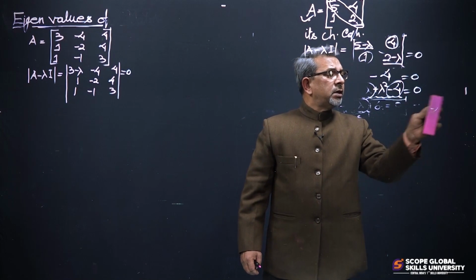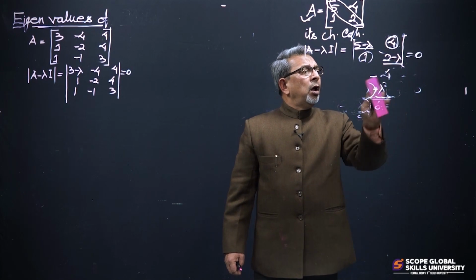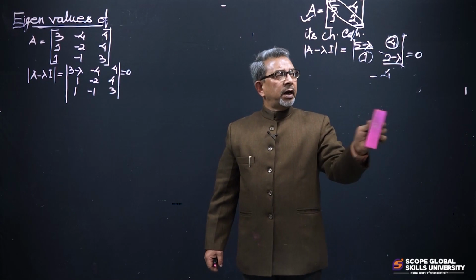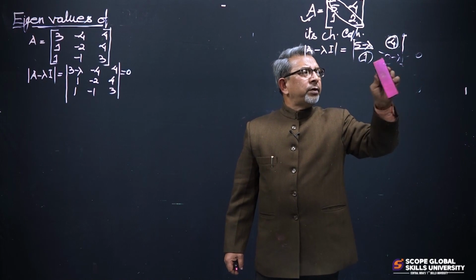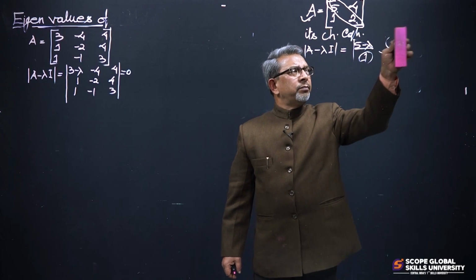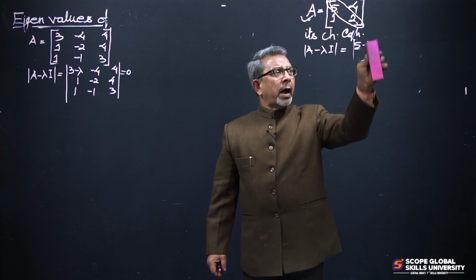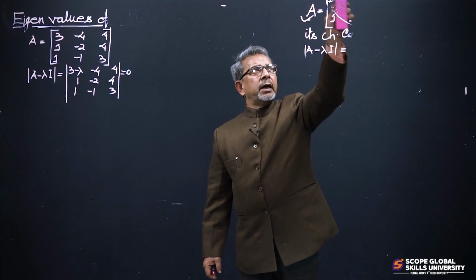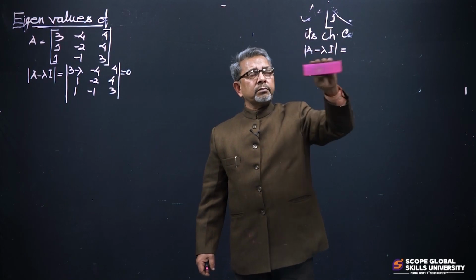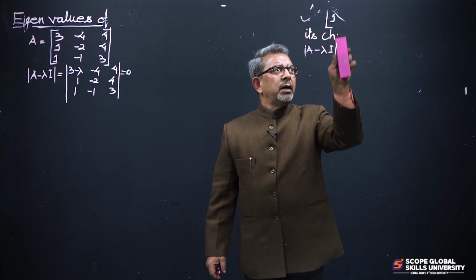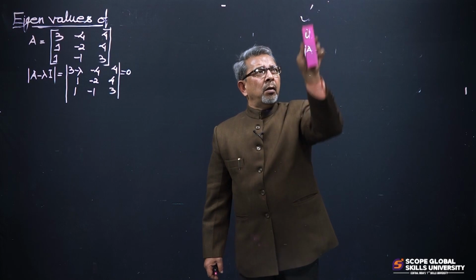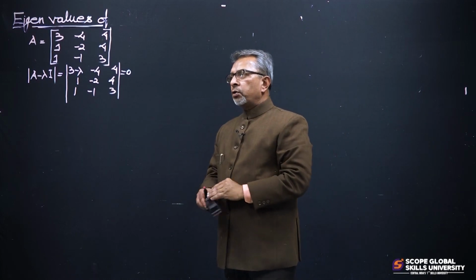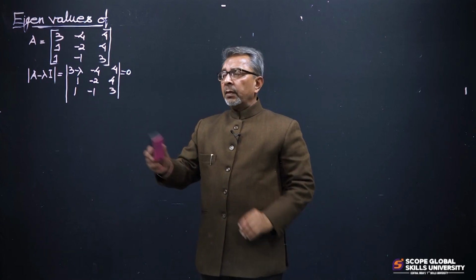To solve this type of determinant, we will multiply the leading element, which is here 3 minus lambda, after ignoring its row and respective column. That means we are considering here 3 minus lambda, but not considering the elements with respect to the same row and column, that means the first row and first column.